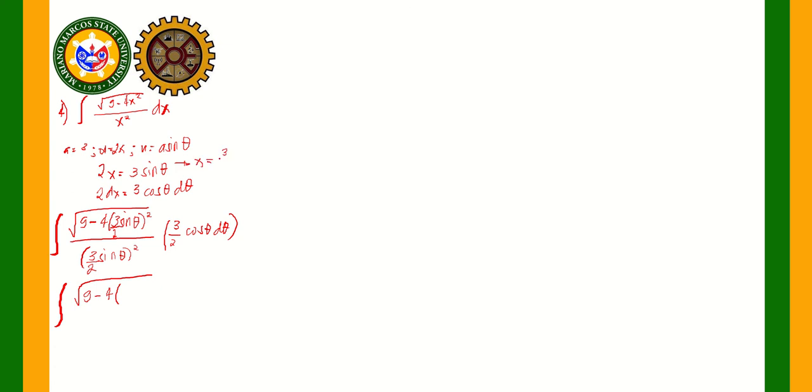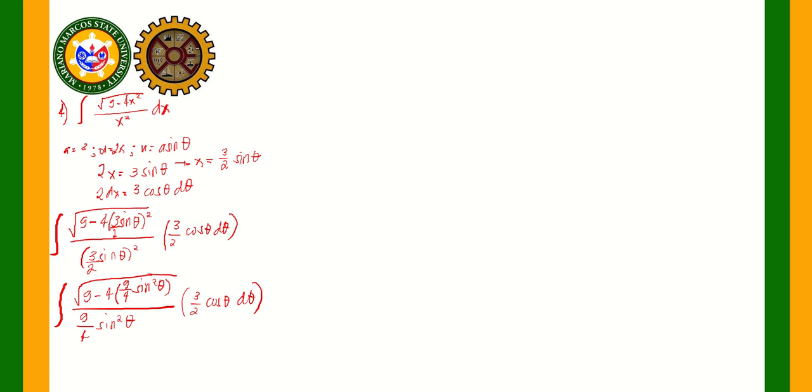X is equal to 3 over 2 sine theta. Okay, so this will be equal to, since it is squared, 9 over 4 sine squared theta all over, since this is also squared, 9 over 4 sine squared theta. And then 3 over 2 cosine theta d theta.